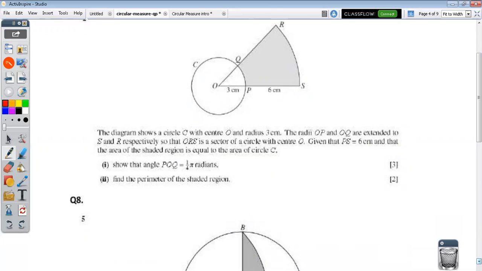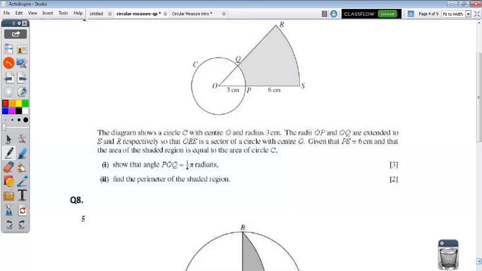The radii OP and OQ are extended to S and R respectively, so that ORS is a sector with center O. Okay, that's fine. Given that PS is equal to 6 centimeters, and that the area of the shaded region is equal to the area of the circle C.